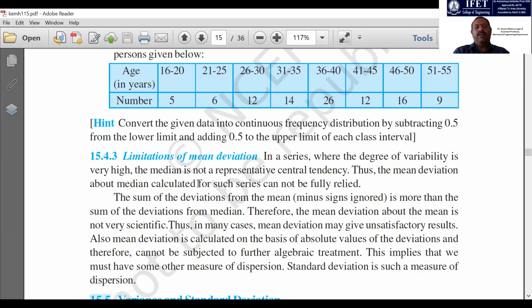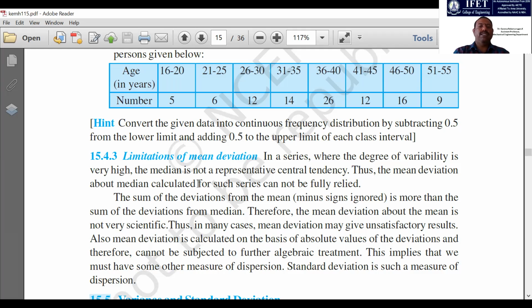So if our deviations are very high or huge, then the median is not the proper thing to represent central tendency when measuring the huge variation of deviations.